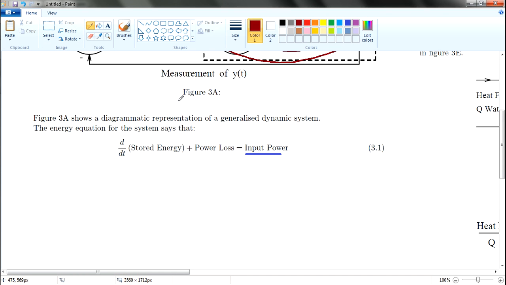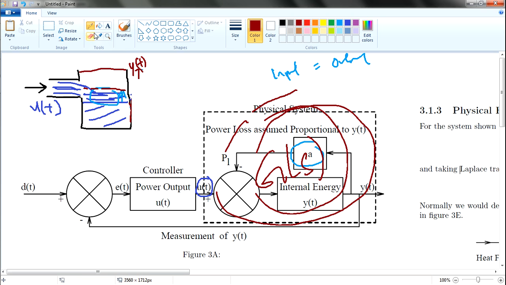Nonetheless, what if our water level reaches this point and you don't want any more power losses to flow out? Since there are also power losses over here, these power losses compared to here are totally negligible. So you have a controller.